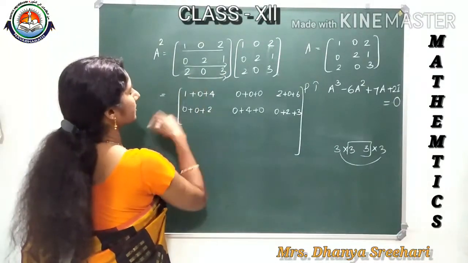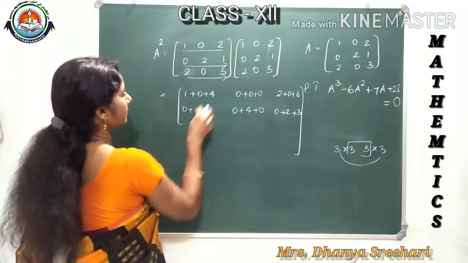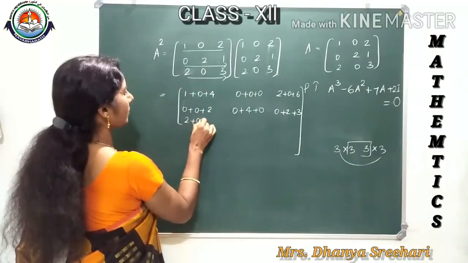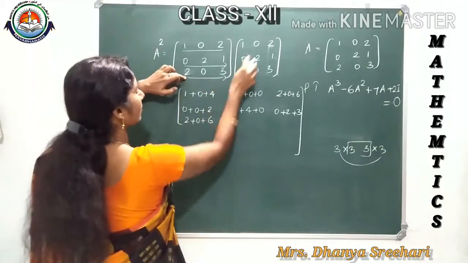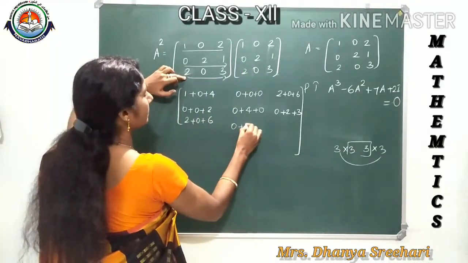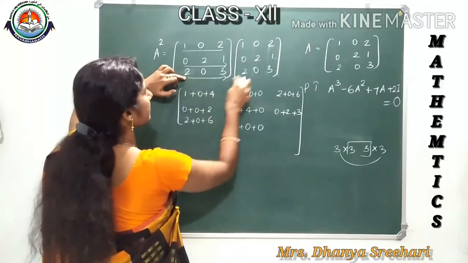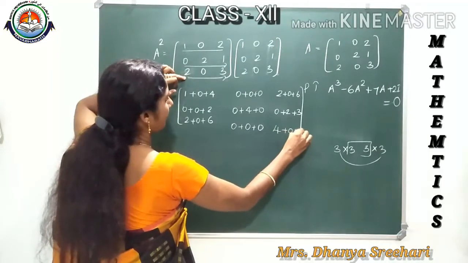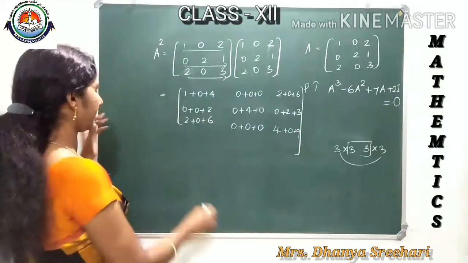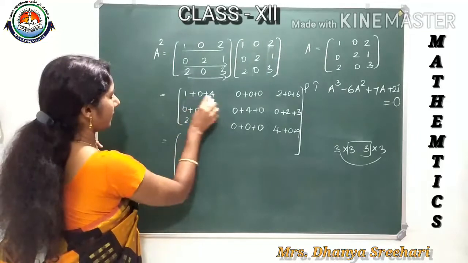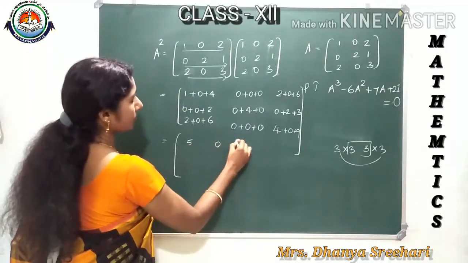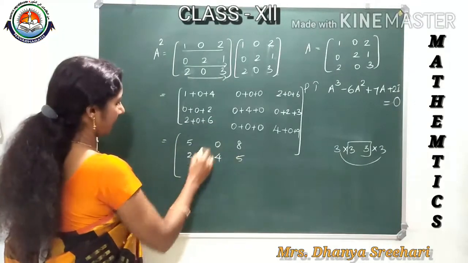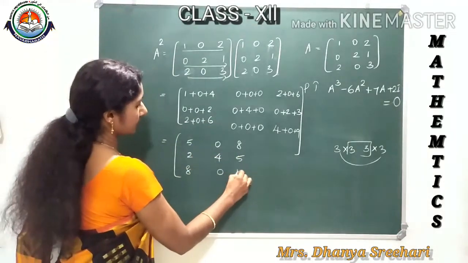Next, third row with the first column, 2 plus 0 plus 6, third row with the second column, 0 plus 0 plus 0, and third row with the third column, 2 2s are 4 plus 0 plus 9. So we got A square. In short form, that is 5 0 8, 2 4 5, and 8 0 13.